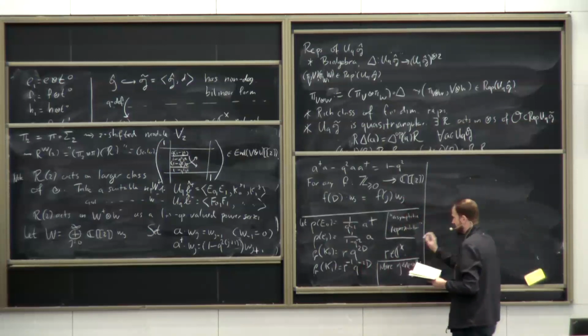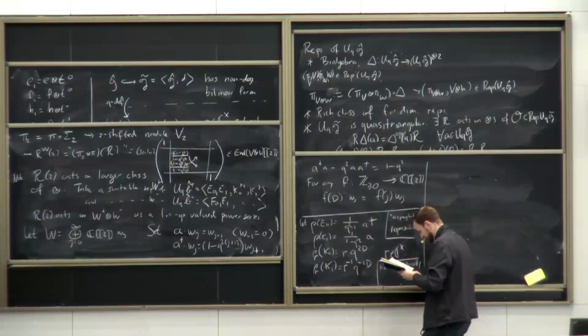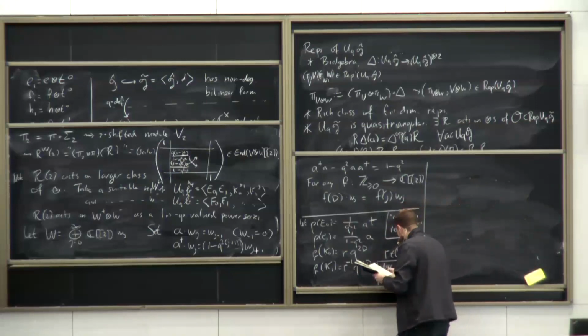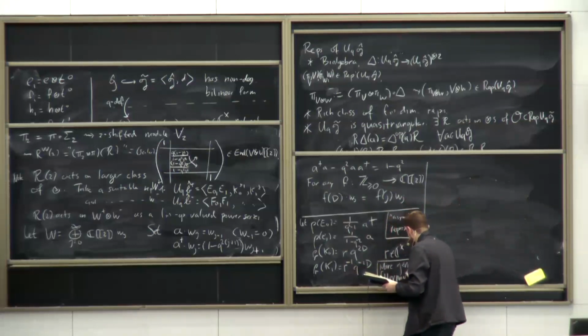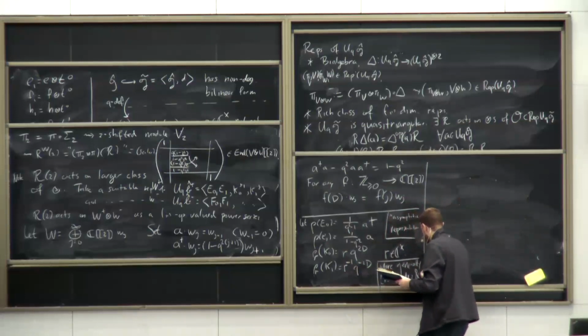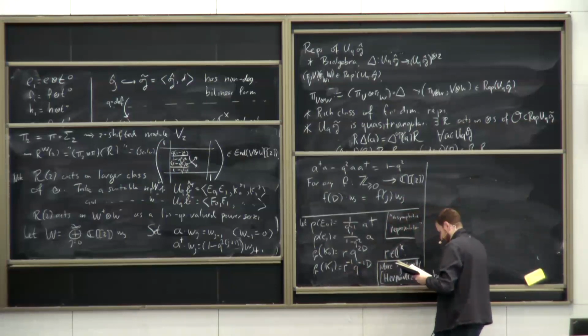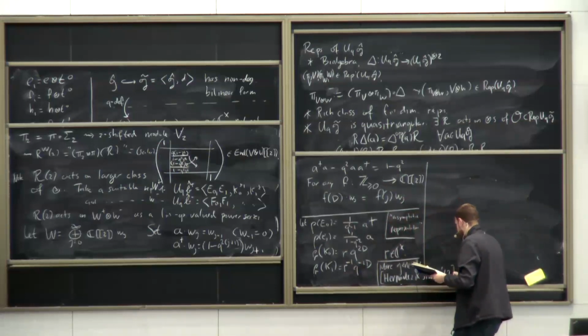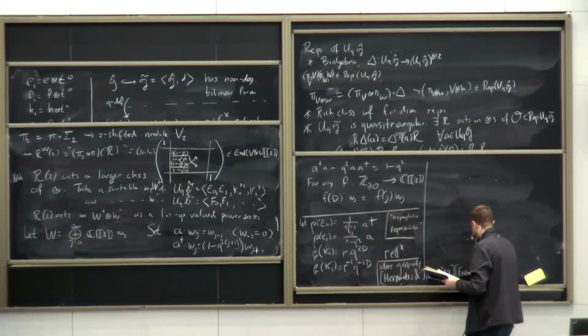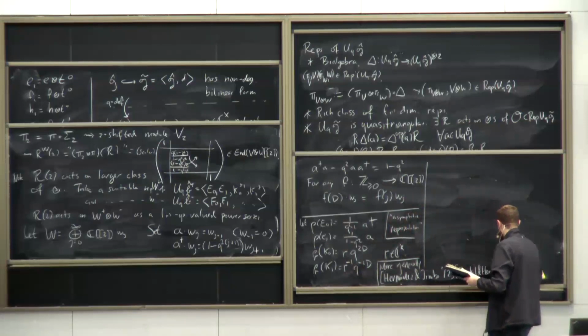And so more generally, this can be done for any quantum affine algebra. You can consider such asymptotic representations. And the key reference for this, well, there are two: Hernandez and Jimbo in 2012. And then the application to Q-operators was done by Edward Frenkel and Hernandez in 2015.